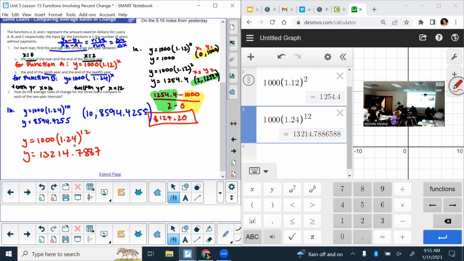What's my coordinate for the part we just solved? Remember, coordinates go X and then Y. So what was my X in that one? Good. What was my Y for that one?